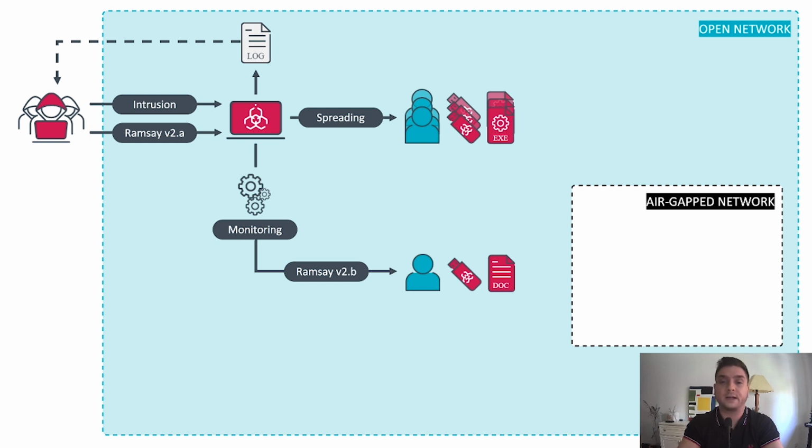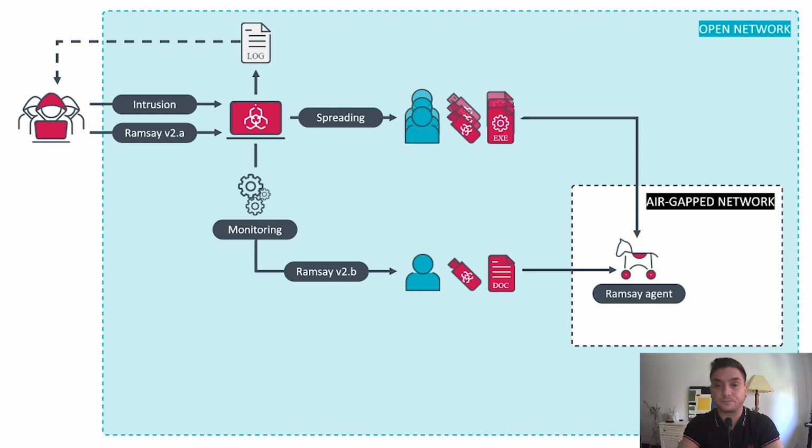So what will happen is that when a net share or a removable drive gets one of these Ramsay components, either the Ramsay version 2.b malicious document or any PE executable that gets infected by Ramsay version 2.8, when these devices get plugged to the air gap network, they will be leveraged via user execution, and the Ramsay agent will be deployed.